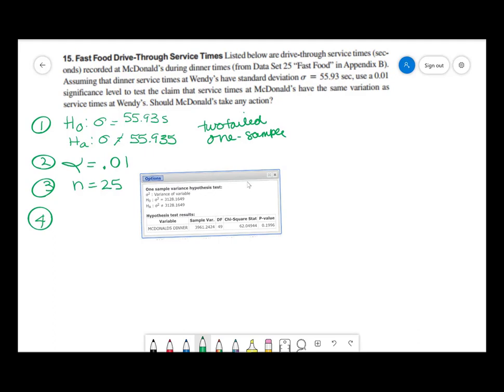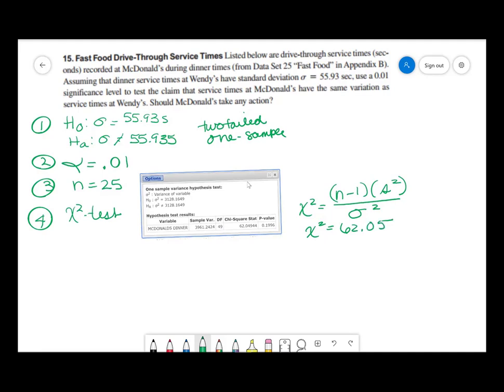Step four, I'm going to do a chi-square test. My formula for my chi-square test is, I'll do it over here, chi-squared equals n minus 1 times s squared over sigma squared. And we get our chi-squared statistic equals 62.05.